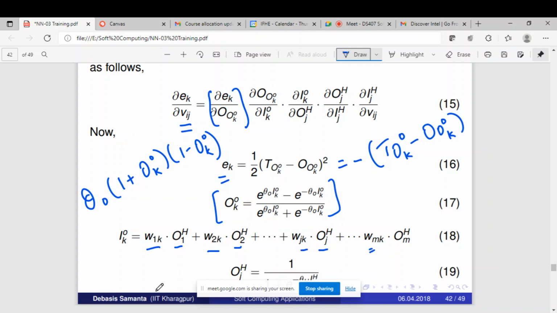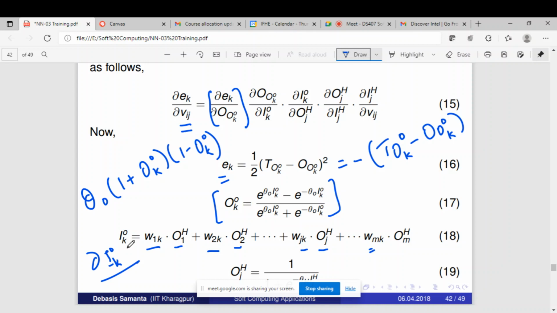Now if you take the derivative of this, derivative of I_k^o with respect to O_j^h, what will you get? Here there is no O_j^h, so this will become 0. This also will become 0.